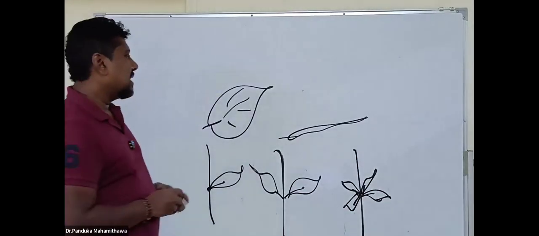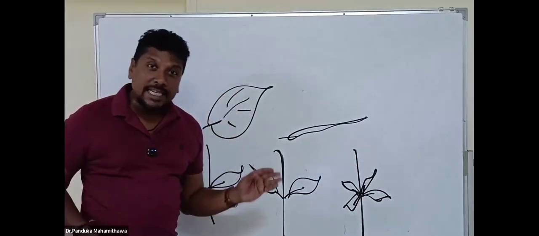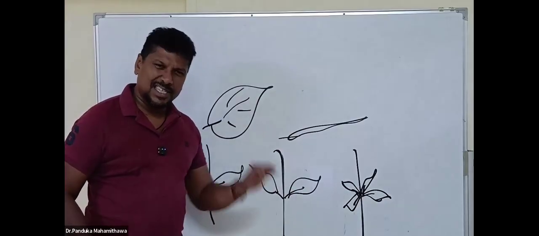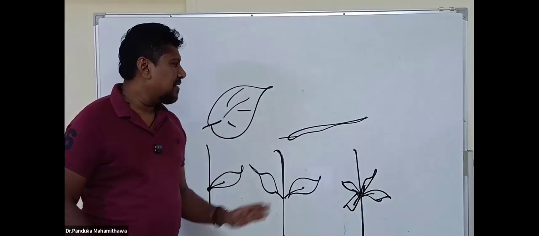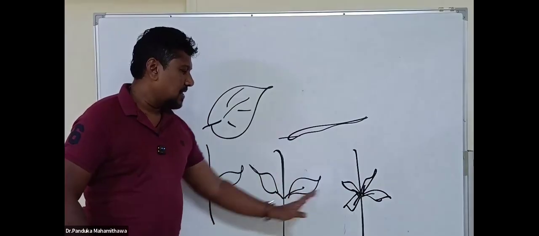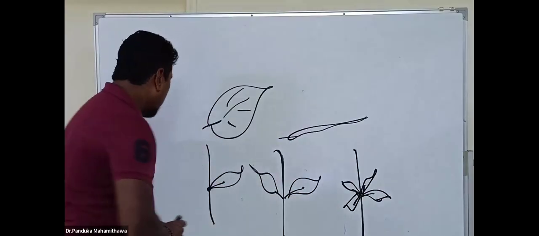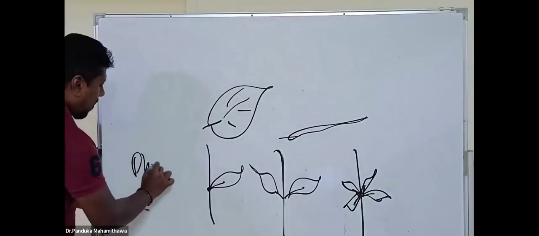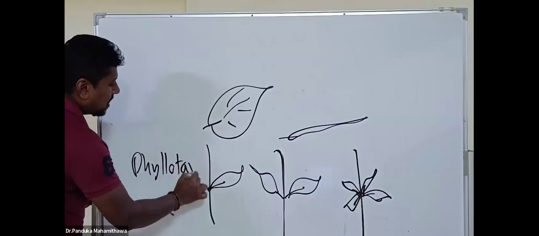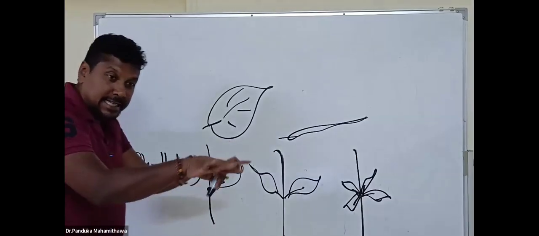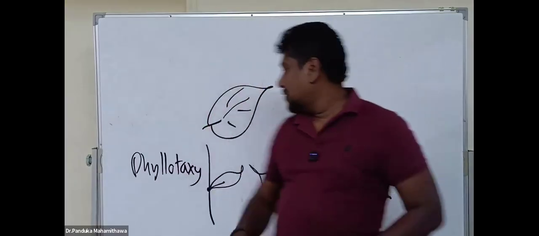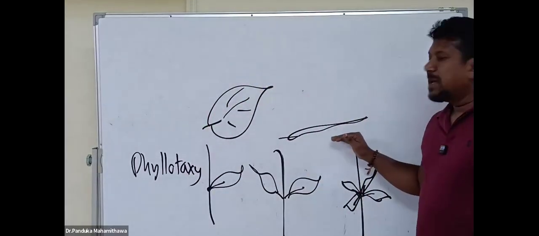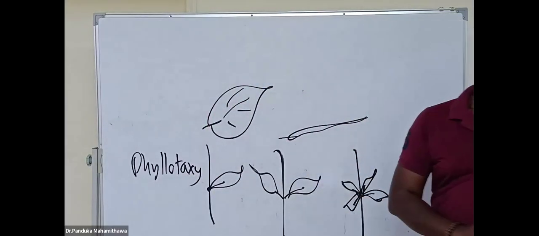Those are about the architecture of the plants. Just have a basic idea about leaf size, and this is called phyllotaxy. Phyllotaxy means how the leaves are arranged at one node, right? So have a basic idea about these things.